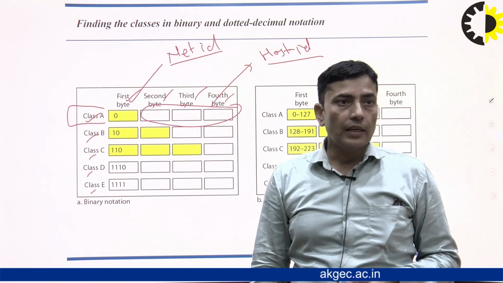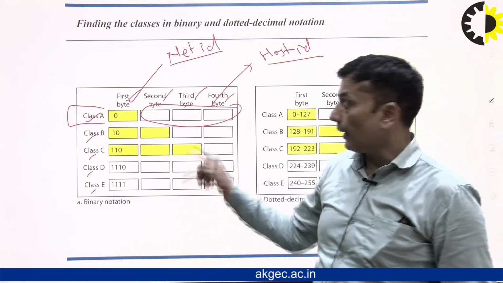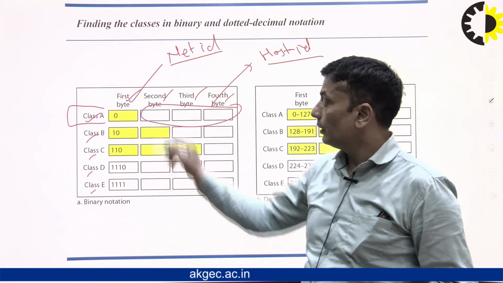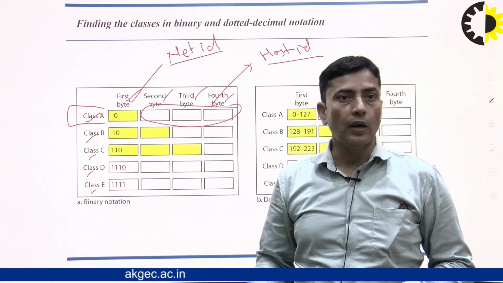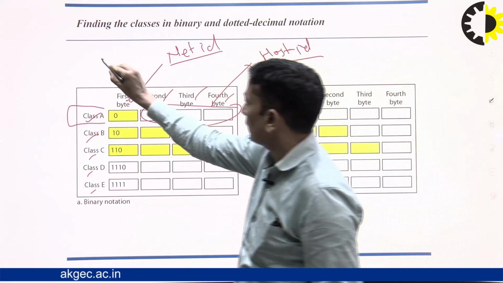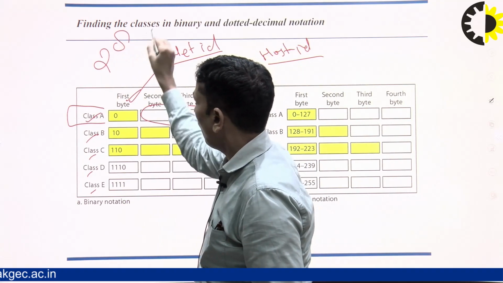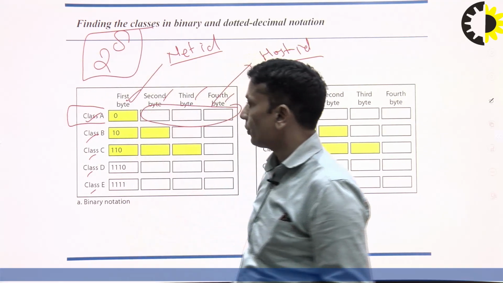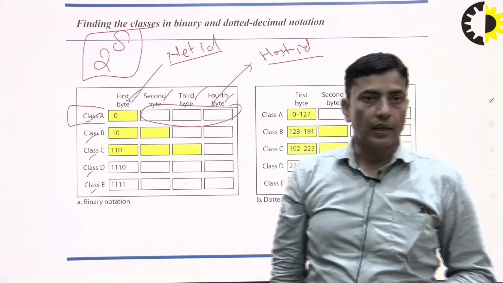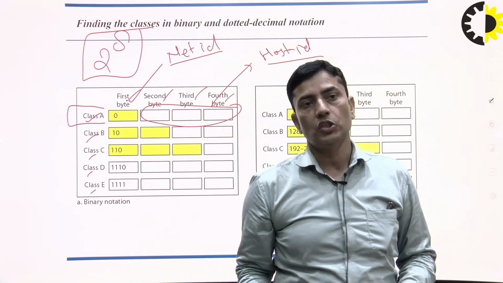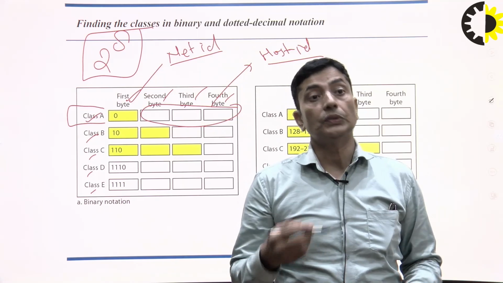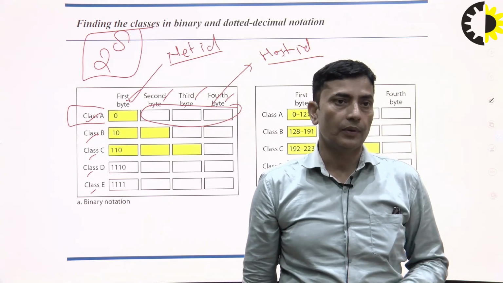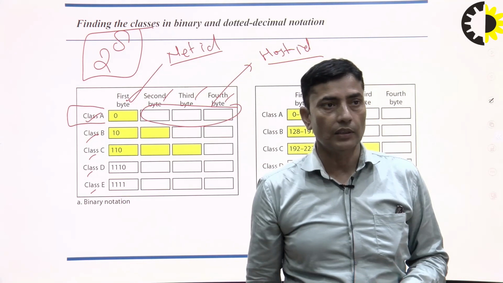As you know, by using 8 bits, 2 power 8 total networks can be designed. How many networks? This may be a simple question: by using class A, what is the number of networks that you can design?